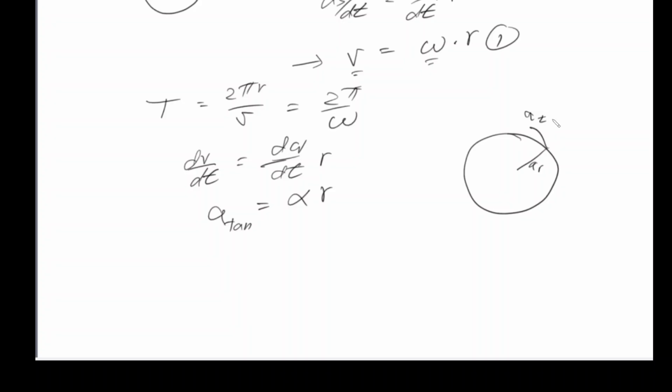And the radial component of the acceleration is the acceleration radial, which is normal, equal to v squared over r, and again using equation 1 above, that becomes omega squared times r.